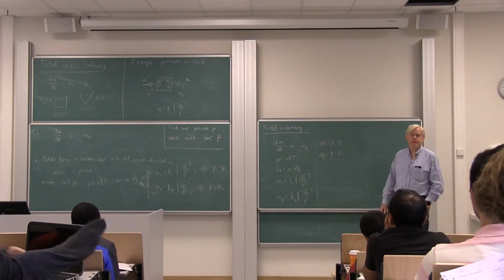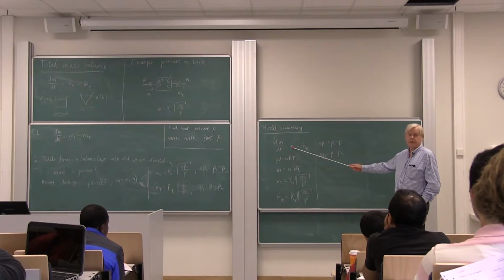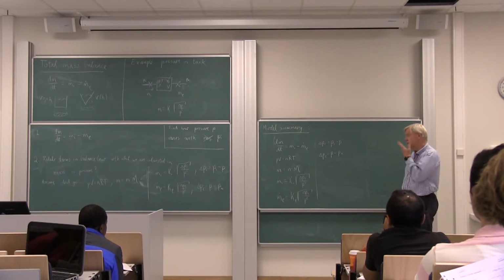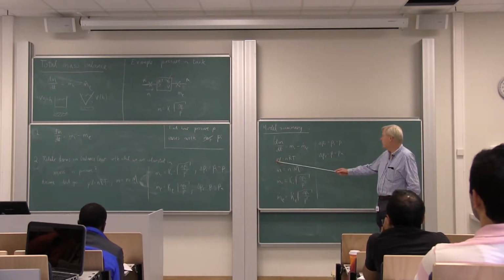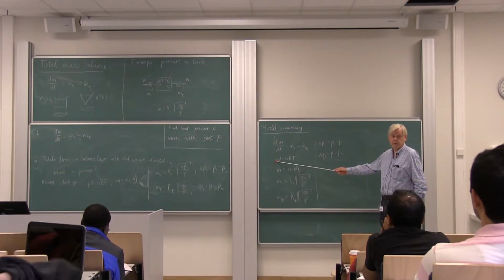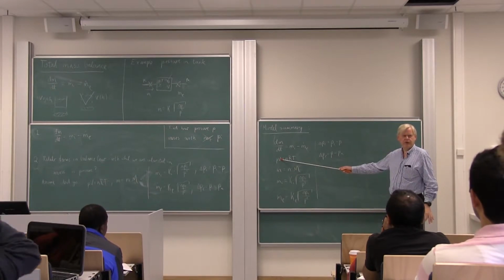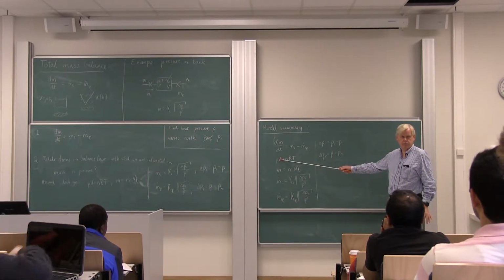Mass, that's 1. Influent mass flow is 2. Effluent mass flow is 3. Pressure is 4. Volume, well, that's a parameter, a constant, so we need to know that one, so I don't count that.